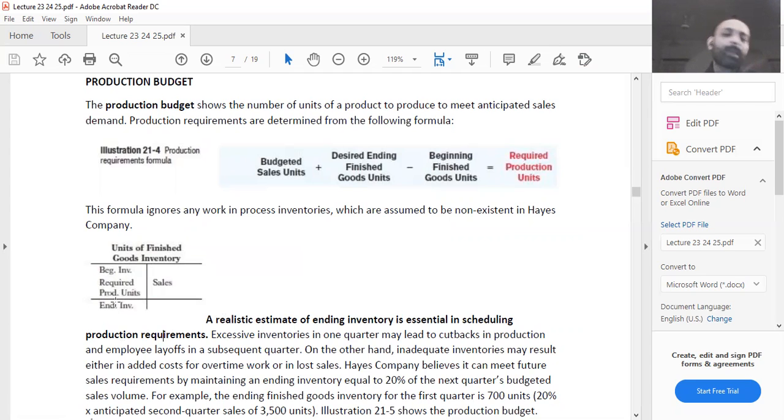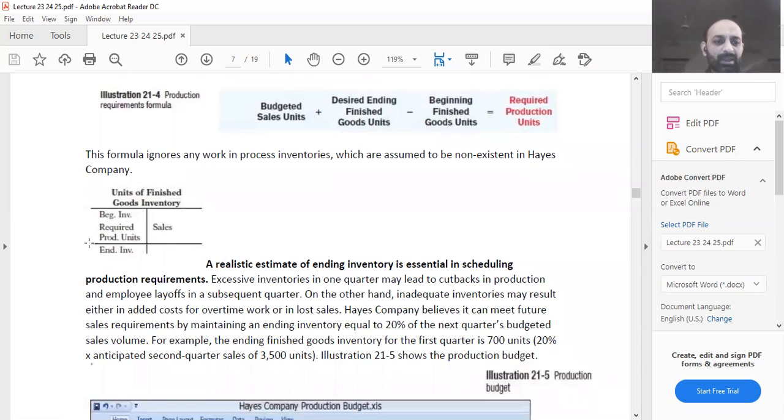Why? क्योंकि जब आपकी sales होंगी तो obviously this will go to the cost of goods sold, और वो आपकी sales की वजह से this unit of finished goods inventory will decrease. So the balance will give you the ending inventory.